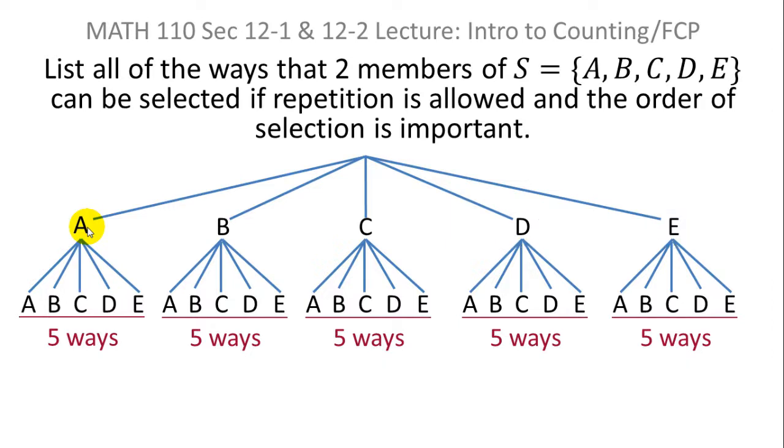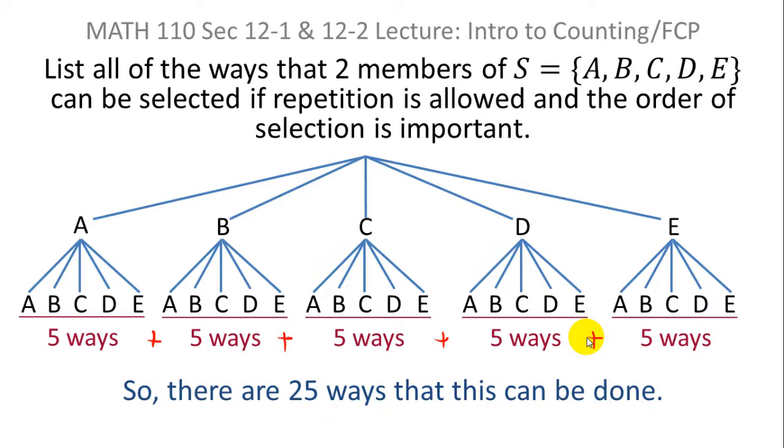So when it's all said and done, I have 5 plus 5 plus 5 plus 5, 25 different ways that this selection can be done, choosing 2 members from 5, allowing repetition, and having the order of selection be important.